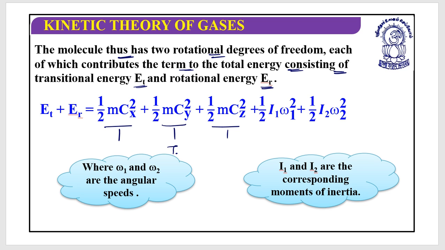This is the form of the translational energy. And let's suppose it rotates around its own axis, then this is the rotational kinetic energy. Here I1 and I2 are the corresponding moments of inertia that we have already discussed, and omega 1 and omega 2 are the angular speeds. I hope this is clear.